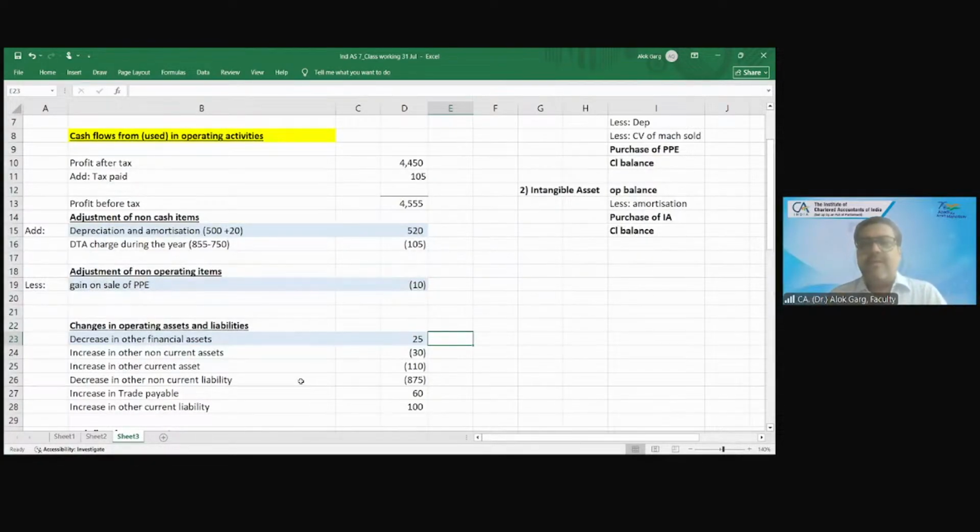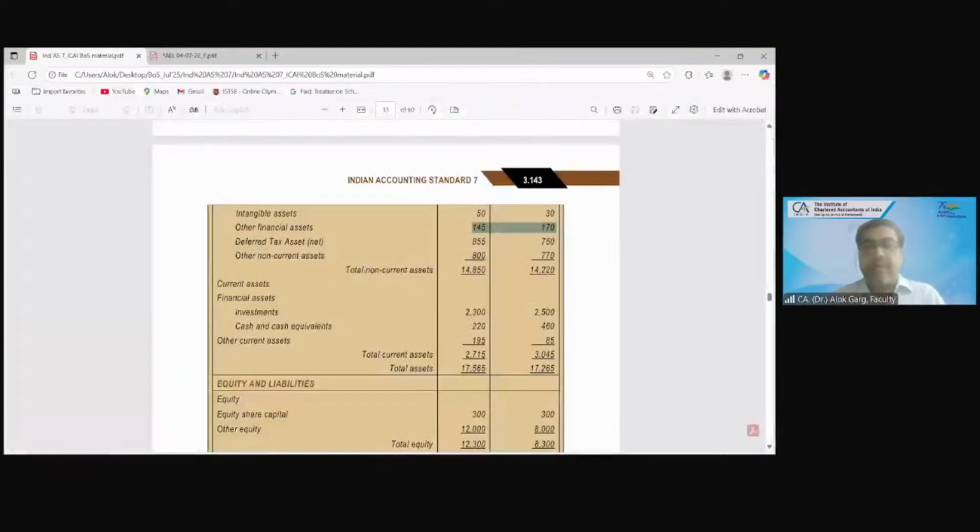Okay. So any other adjustment for this financial asset? No. Then deferred tax asset. Any adjustment for deferred tax asset? Yes, whenever we create the deferred tax, we debit the deferred tax and credit the profit and loss account. To the extent it has increased, we have to reduce it.